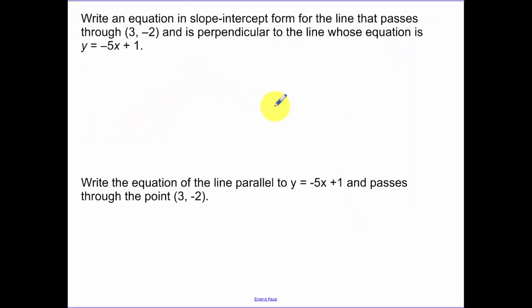Write the equation in slope-intercept form for a line that passes through 3, -2, and is perpendicular to the line with a slope of -5. So my perpendicular slope is the opposite. If this one's negative, my new slope is a positive 1/5. And I have to go through the point -3, 2. Remember, this is an x, this is a y.